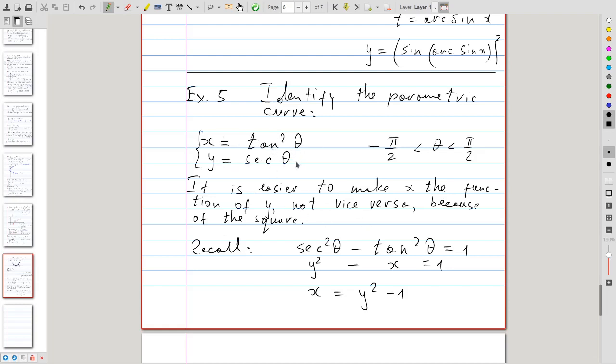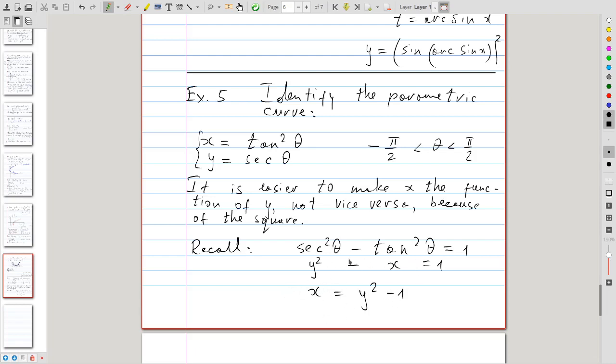You'd have to look at a composition of an inverse trig function with another trig function. That's not a pleasant thing to look at. So instead, we use this known identity and express the terms occurring in this identity through x and y, and thereby we're relating x and y, which gives us the desired dependence.